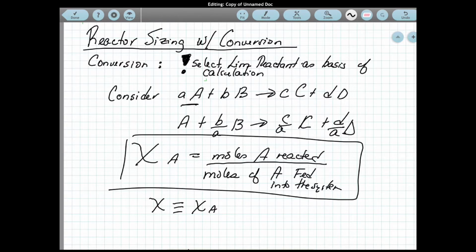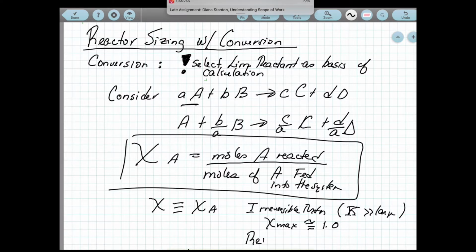There are important things to consider when we have the conversion definition. One is that for irreversible reactions, where the equilibrium constant K is really, really large, the maximum conversion that we can have, X max, equals, or is close to, not always equal, 1.0.